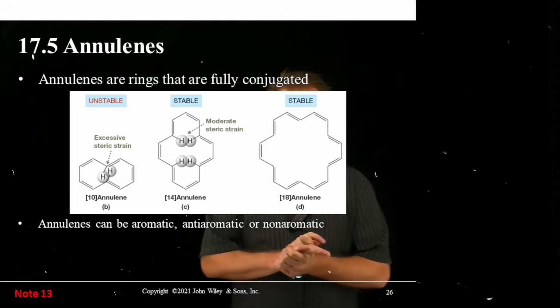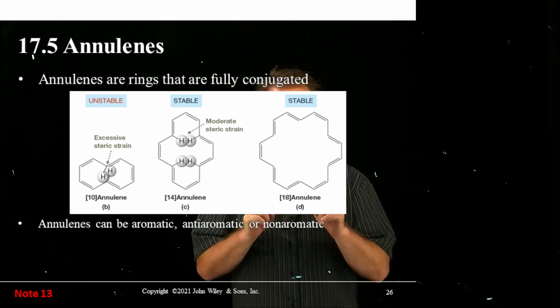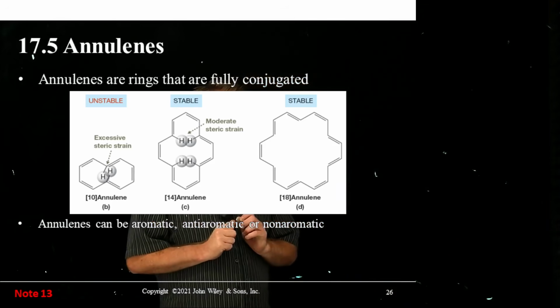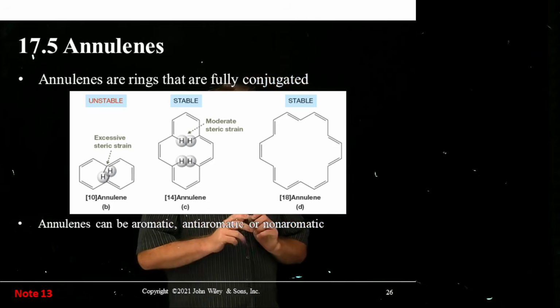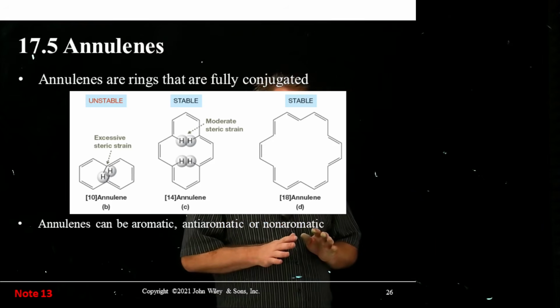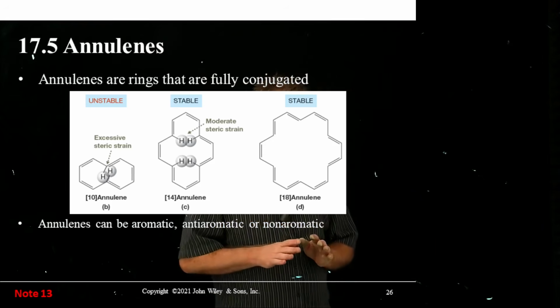14 annulene, you can see that there are hydrogens in the middle of the molecule. There's a little bit of steric clash. The molecule isn't perfectly flat, but it is mostly flat.